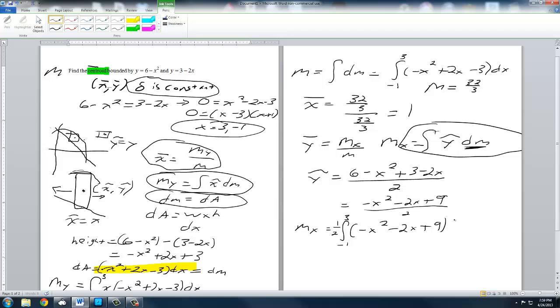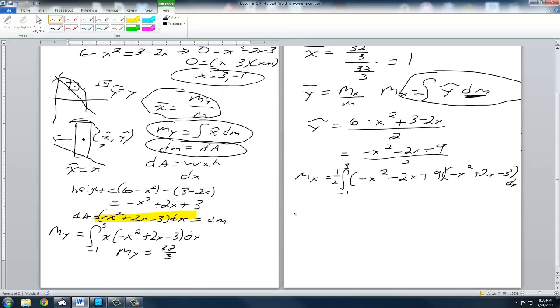So we'll just copy that in there if I have room. So this is negative x squared plus 2x minus 3. And I've got to fit the dx in there. There's the dx.